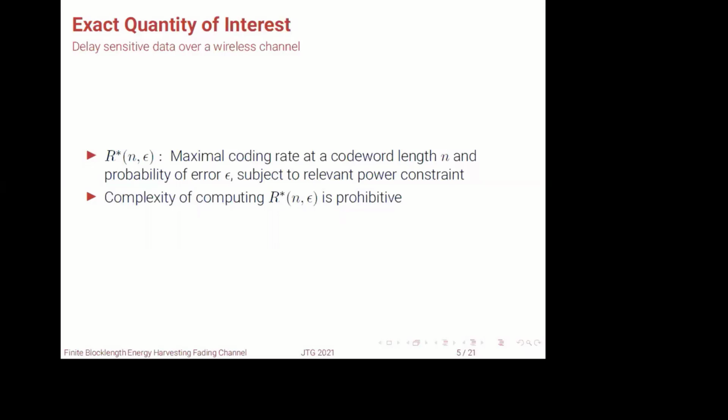Now, the problem is that computing this, it has been shown in many cases that the complexity of computing this R star in epsilon is prohibitive. So, it may not be possible even to get a convenient expression of R star in epsilon.